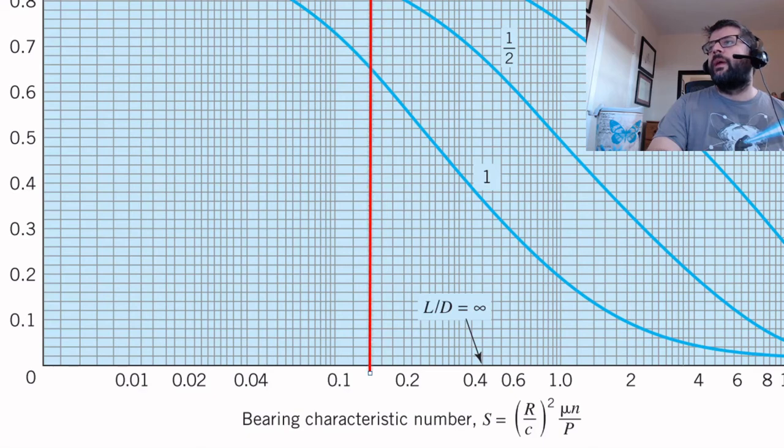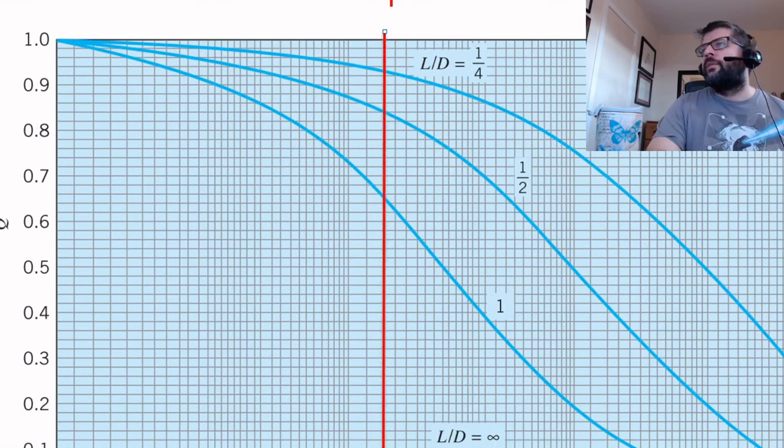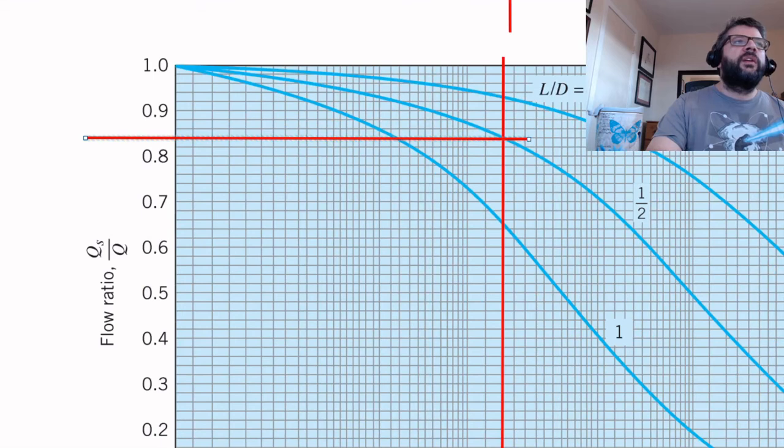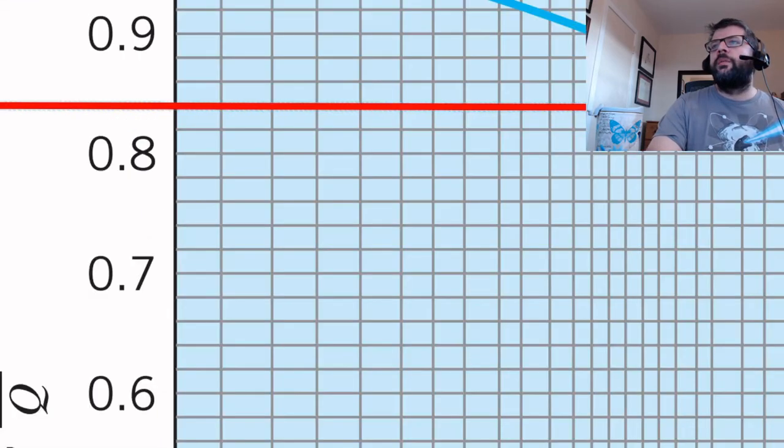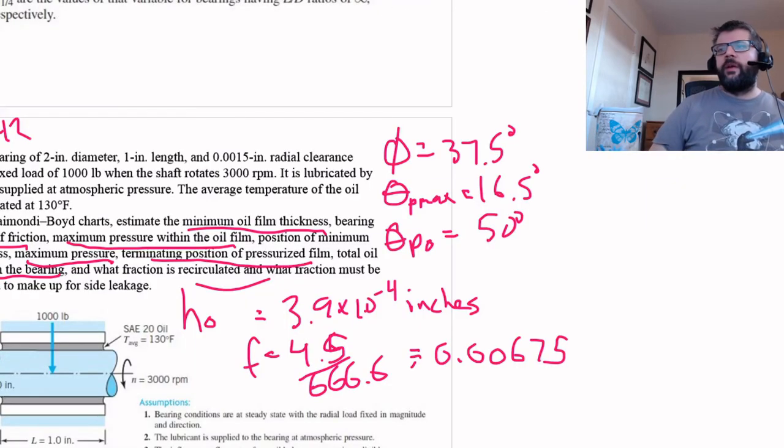We got our half line here, our L over D of a half. That's right there, which means that our flow ratio here looks to me to be 0.5. Sorry, 0.82. No, 0.84. Yeah, 0.84. So that's a fair amount of side leakage going on there.